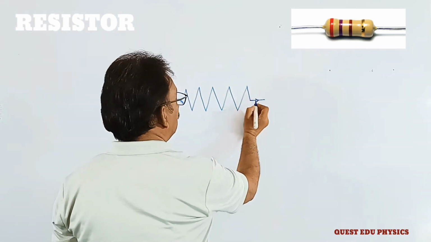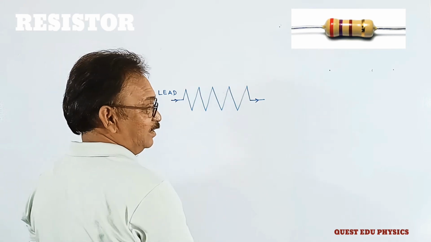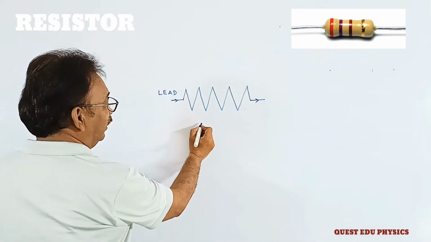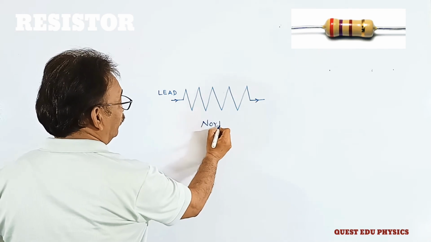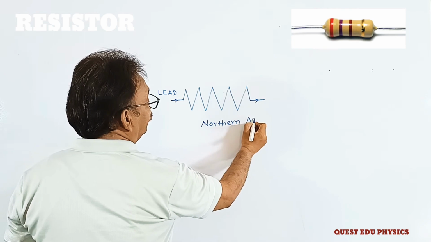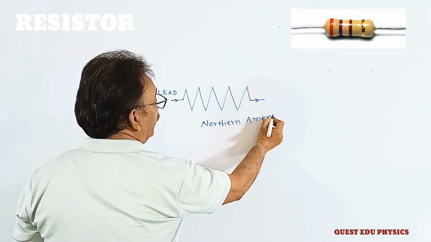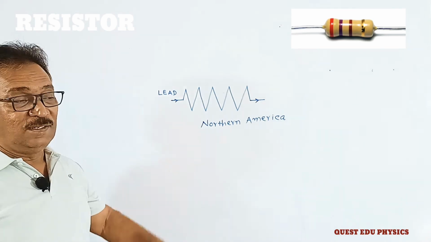Here, in this way, current is flowing. This kind of resistor symbol is generally used in Northern America, students.